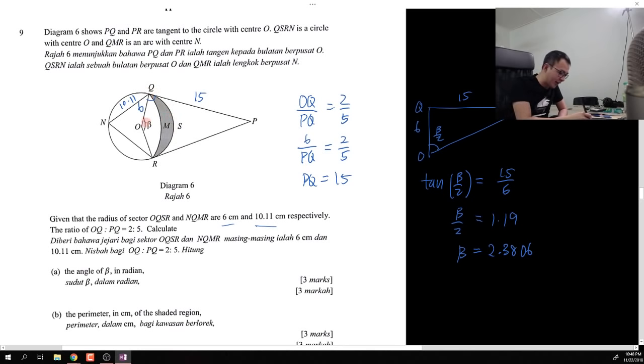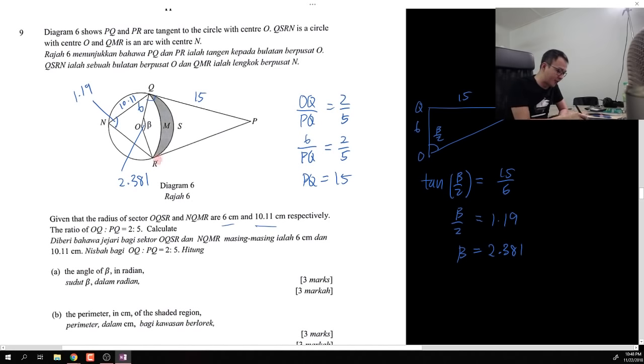I have this angle, and the opposite angle will be half of beta, which is 1.19. So this angle over here should be 2.3806, or I can say three decimal places. I guess 3 decimal places should be more than enough.